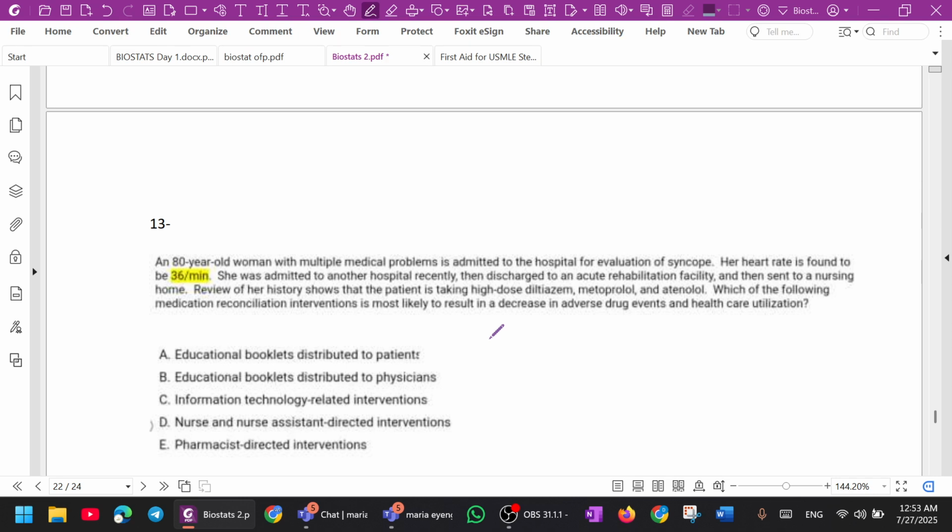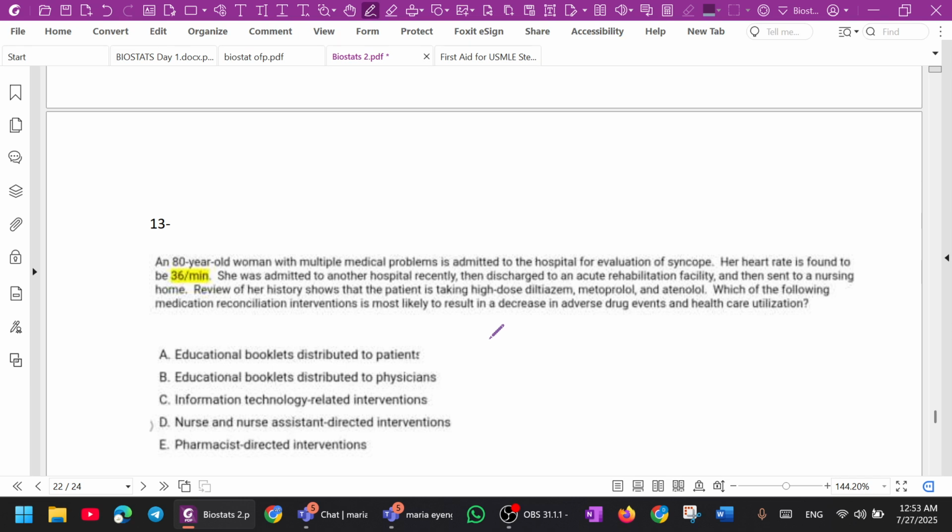Thinking like every drug given by the physician, the pharmacist actually verified that, and if they found any abnormality, the pharmacist actually calls the physician. So is that the thing which will maybe decrease adverse drug reaction and healthcare utilization? Okay, let's check.